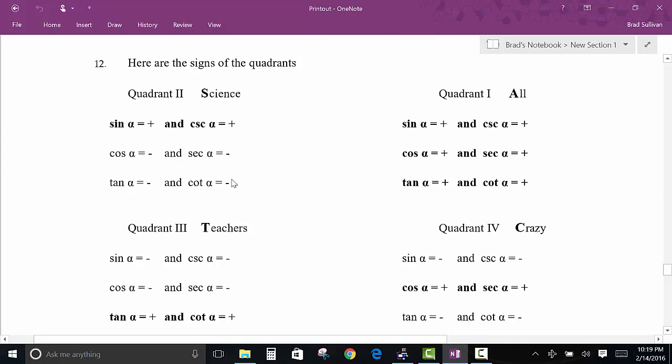A couple of things we've already looked at that I wanted to reiterate here. You need to have some kind of strategy for figuring out the trig functions. The easy thing to remember is every trig function is positive in quadrant 1. If you go to quadrant 2, the sine and the cosecant are positive, but everything else is negative.